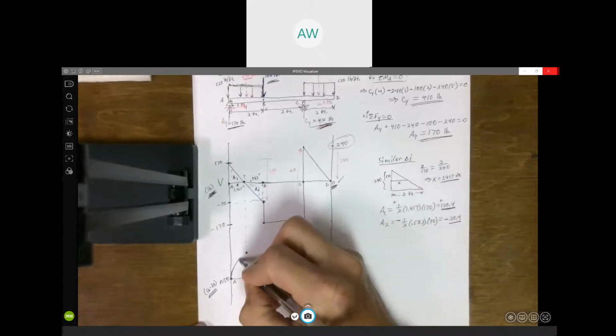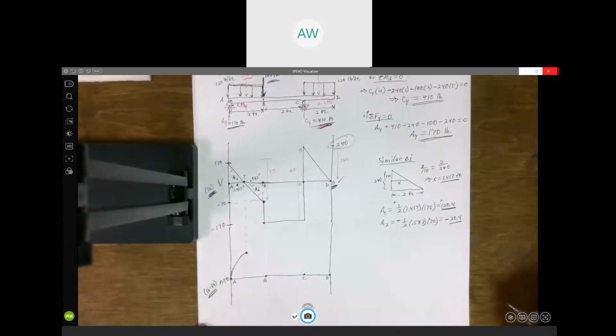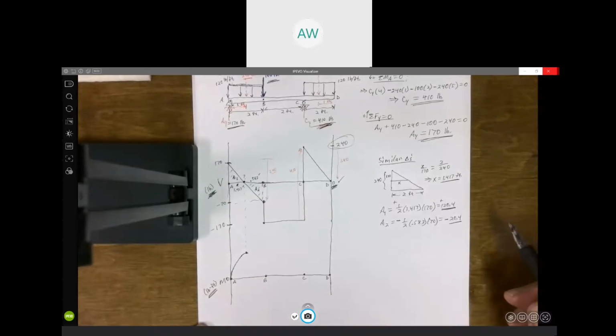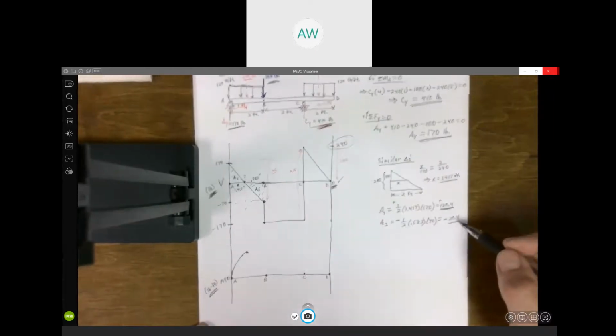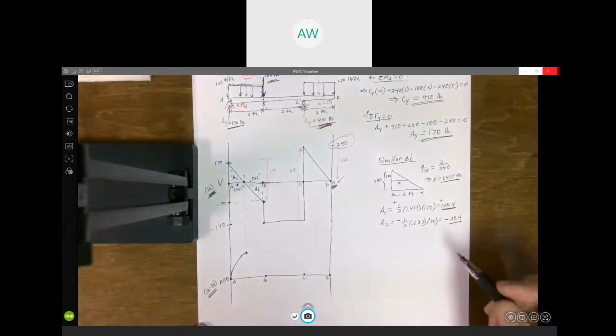So we're going to have a quadratic that's going to reach its maximum right there where V is 0. And again, it's curved. I can't differentiate between a quadratic or a cubic, but it's going to be curved and it's going to be concave down. Now A2 is negative. We're going to go down 20.4. V is still decreasing, so it's still concave down.